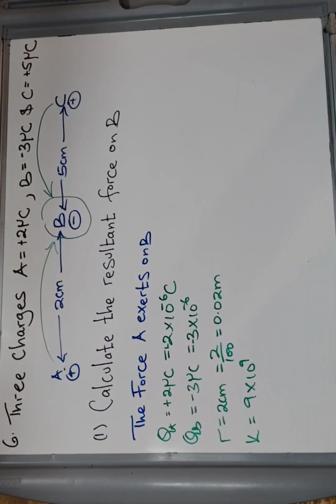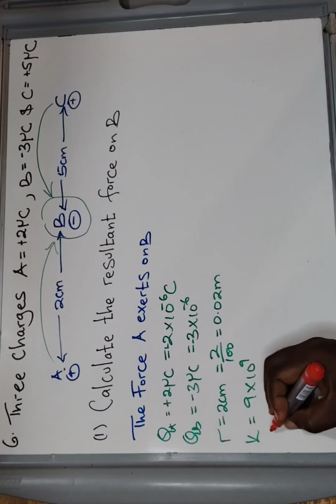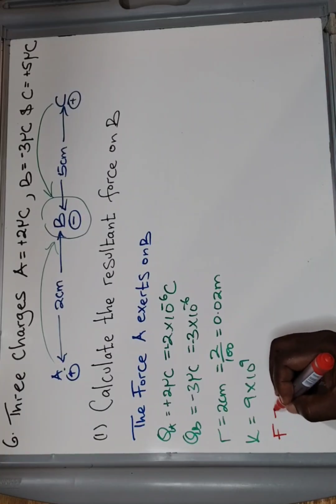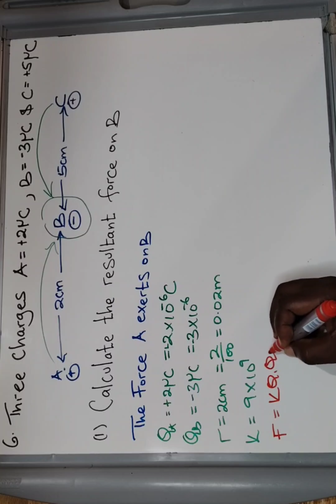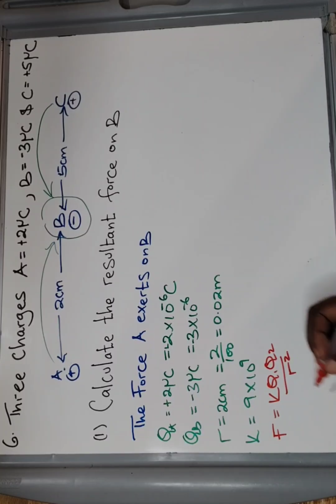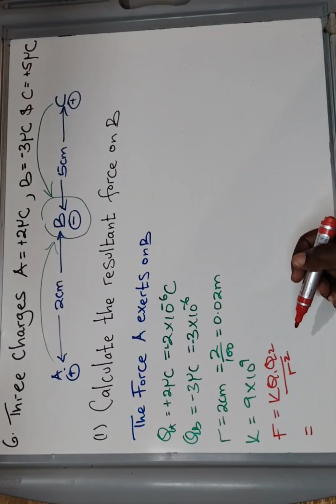So with this information, you have your equation, which is going to say F is equal to K Q1 Q2 over R squared. And when you substitute in this, what do we get?